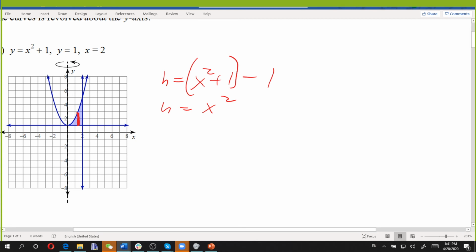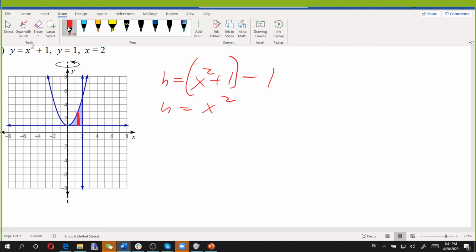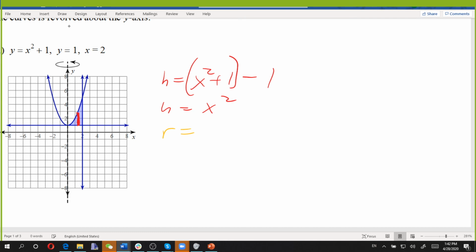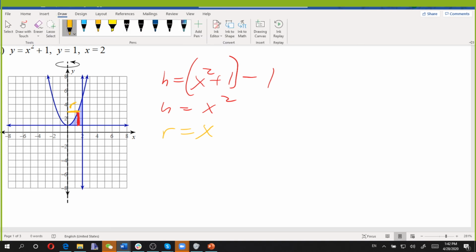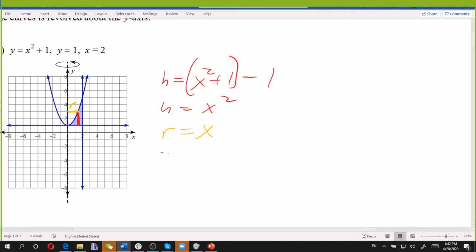Okay, then I've got, okay, Kenichi has dropped, so that brings us back to Aileen again. Aileen, what's my radius? X. Okay, our radius in this case is just x. And then our width is always dx.